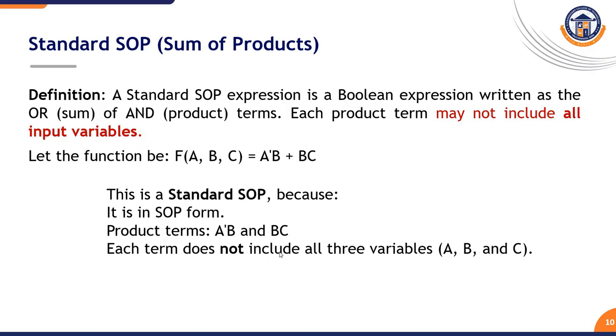Each term does not have all the input variables. Here overall we have 3 variables, that is A, B and C. So each product term does not contain all the variables. Here we missed the term C. Here we missed term A. This is called a standard SOP.